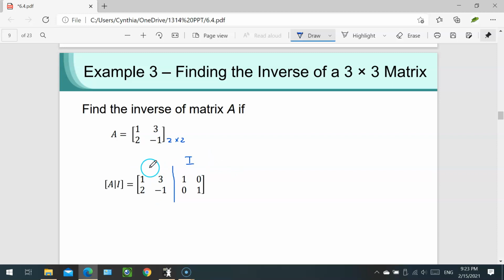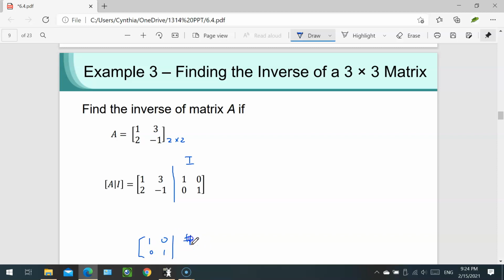Now, we want to make the change on the left hand side of the box here. They turn to the identity matrix. And then the right hand side, whatever it has as a result, that would be the inverse of the matrix A. So by the end, we are looking for 1, 0, 0, 1.